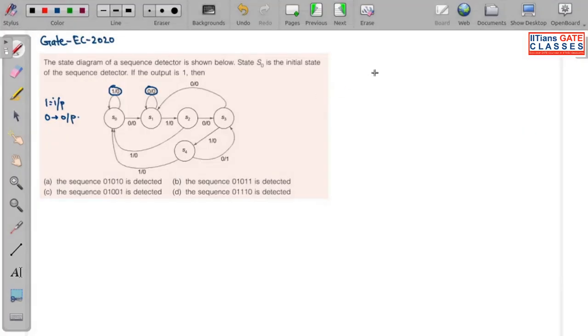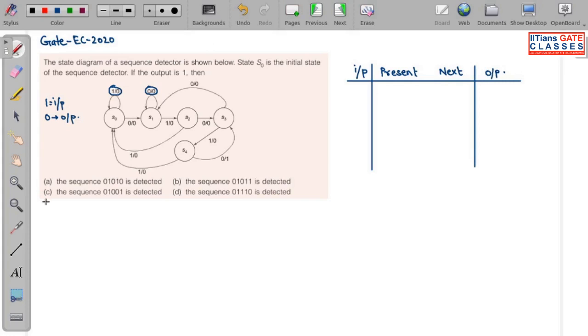If I draw the state table for this arrangement, how will it look? Let me write input, present state, next state, and I need one more column for output.